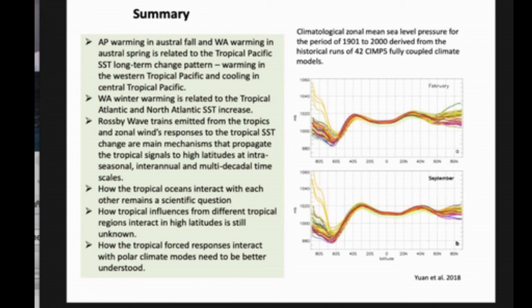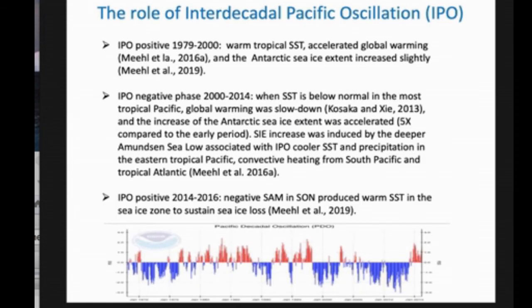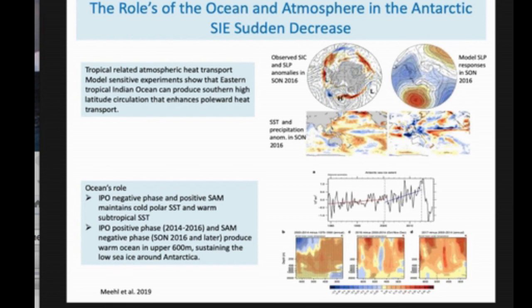That's the time you get this. This is the PDO in the negative phase. This is the PDO in the positive phase. We don't know why there is this slight increase in the PDO positive, but we do know the accelerated increase of sea ice, and that is the PDO becoming active phase.